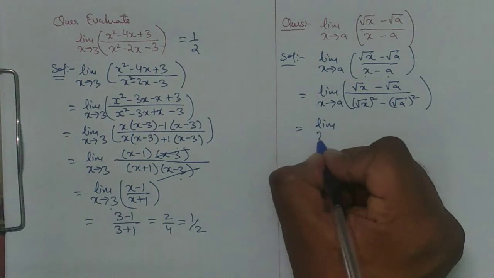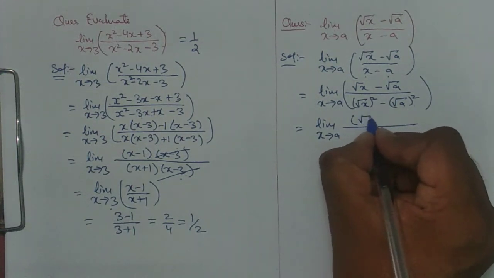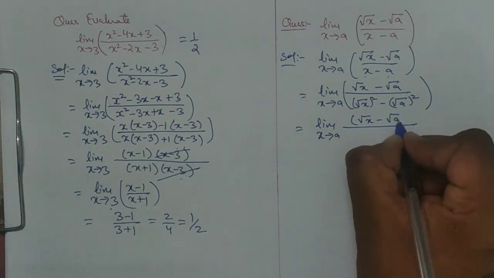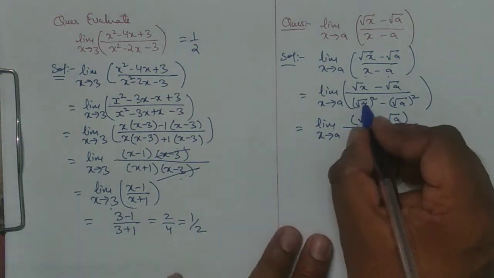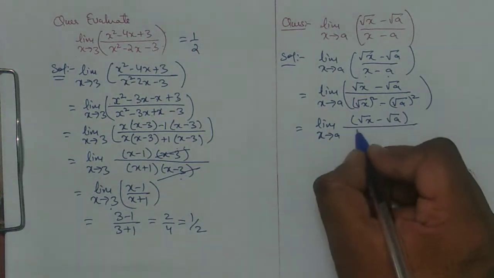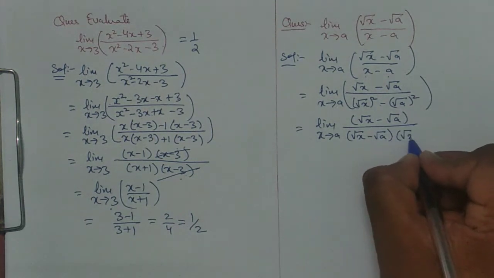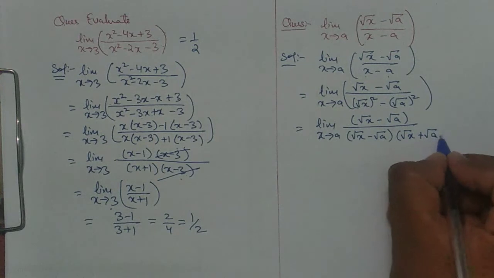Now it will be equal to limit x tends to a, root x minus root a upon root x square minus root a square. It will be equal to root x minus root a into root x plus root a.